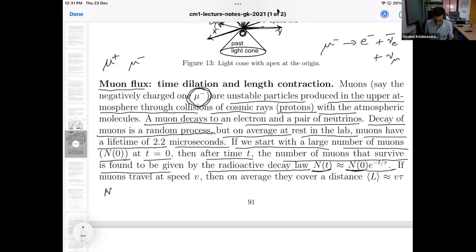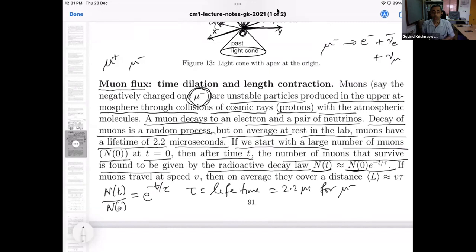So N of t by N of 0 is the fractional number of muons that survive. Tau is called the lifetime or mean lifetime, and that is about 2.2 microseconds for the muons.